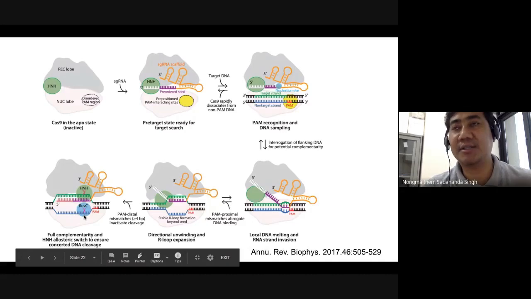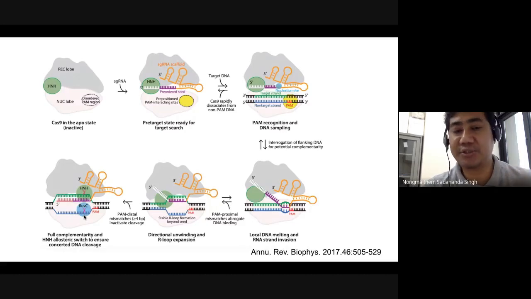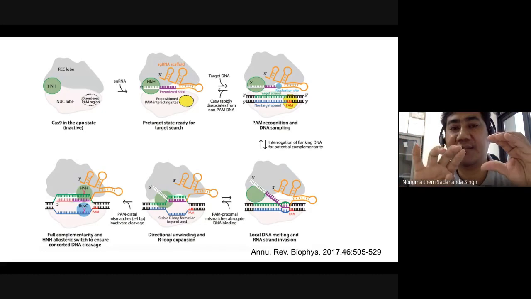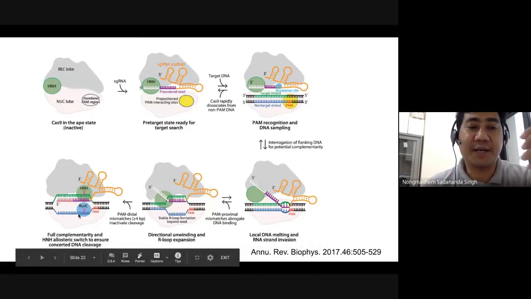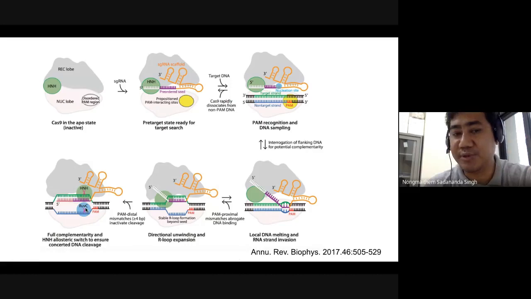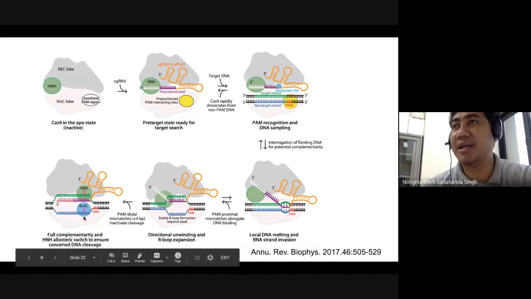So it can introduce single strand cutting, and those are called nicks. In a double-stranded DNA, if there is a single break in one of the strands, that's called a nick. So if you engineer the Cas9 in such a way that the RuvC motif or the HNH motif alone is mutated, then it can introduce nicks in the DNA.